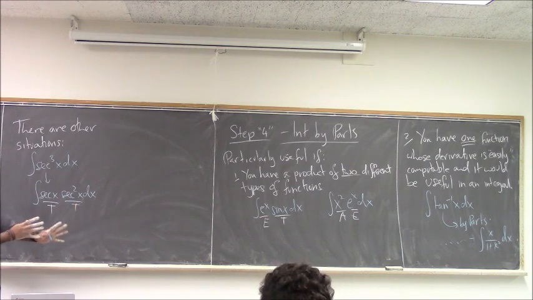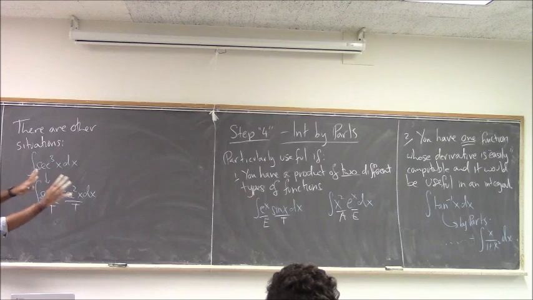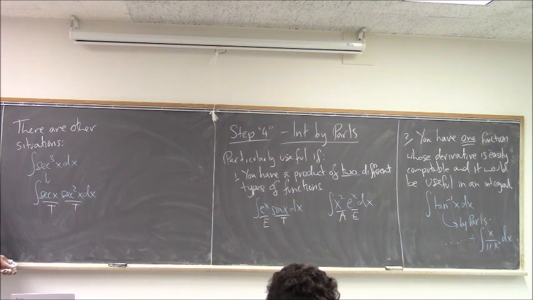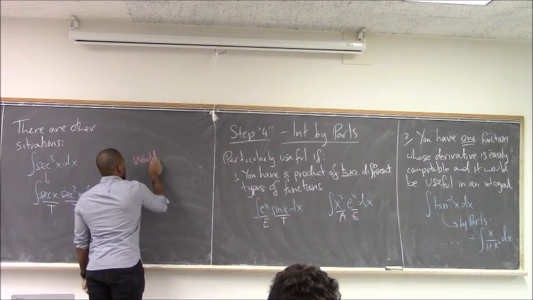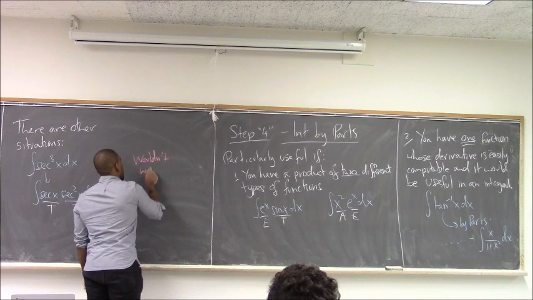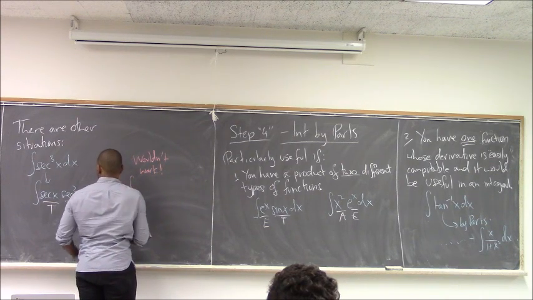However, it does kind of fall into category 2, where you realize, you know what, the derivative of one of these is going to be convenient in the integral, but it's probably not clear-cut one of these two types, but there are others. There are other times when it might not work.